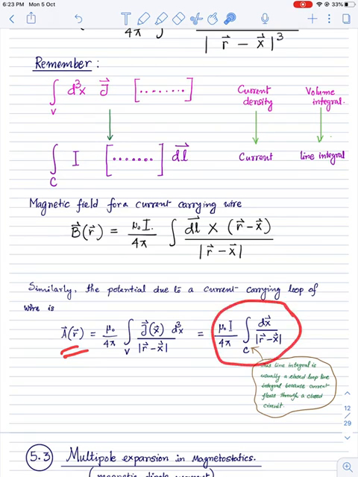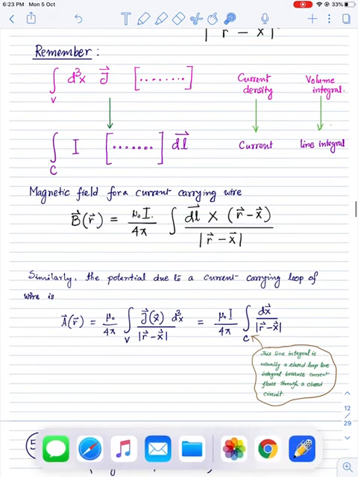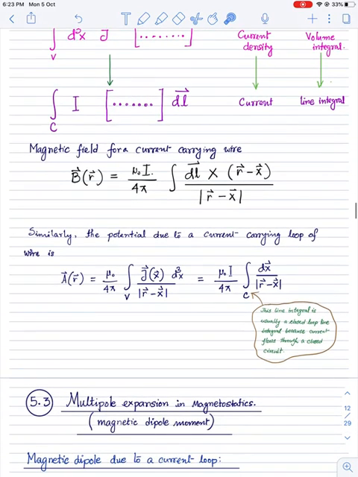We can write down the vector potential due to a current carrying wire. This will be the expression. By putting in appropriate delta functions in this current density, we can land onto this expression for a current carrying wire. Very good.